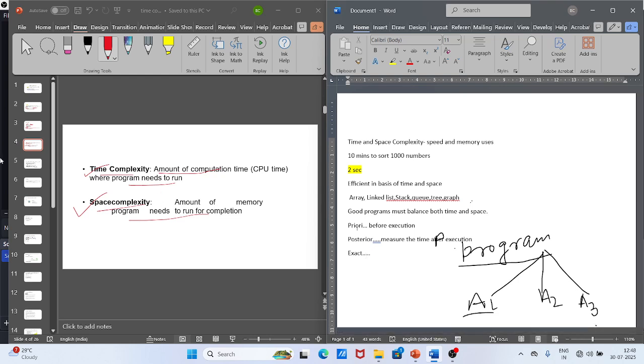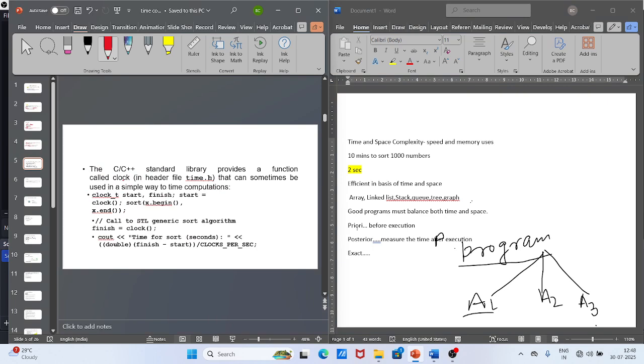So now if you use C and C++, you can use the clock function from the time.h header file to measure how long a piece of code takes to run.